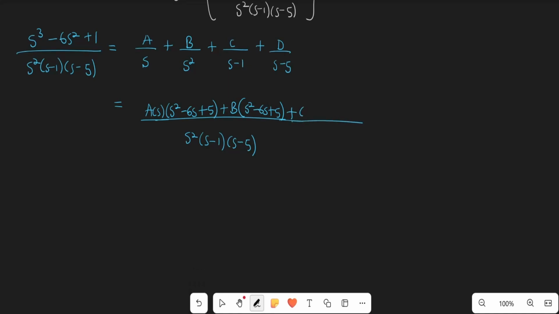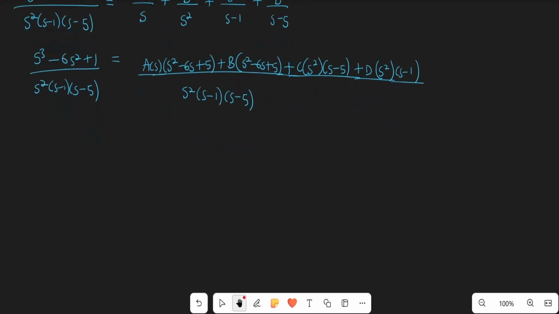Moving on, plus C: the LCM divided by this is left with s^2 multiplied by (s - 5). And now plus D, the last one: this divided by this is s^2 times (s - 1). Cool. And now the left hand side is (s^3 - 6s^2 + 1) divided by s^2 (s - 1)(s - 5).